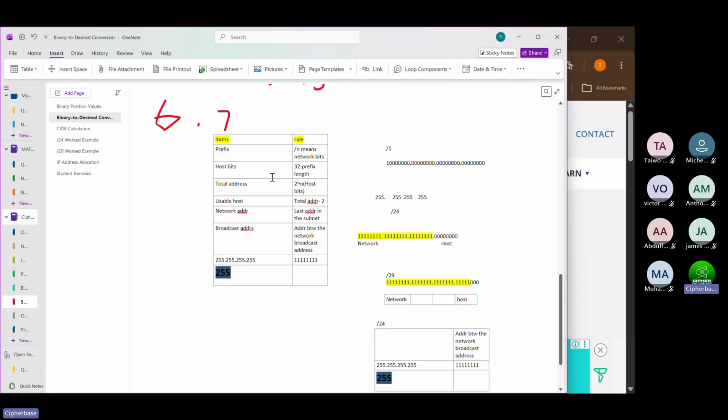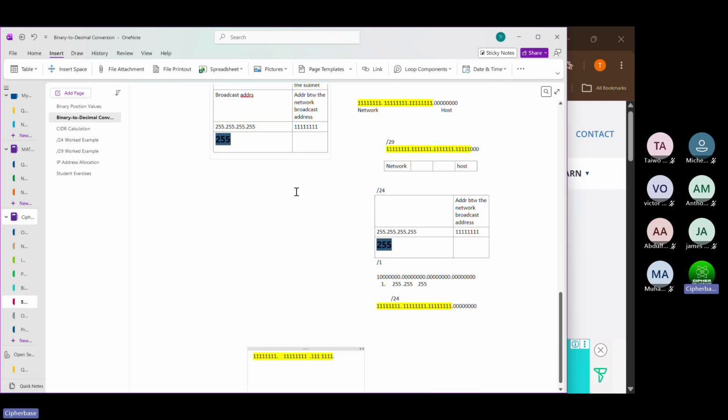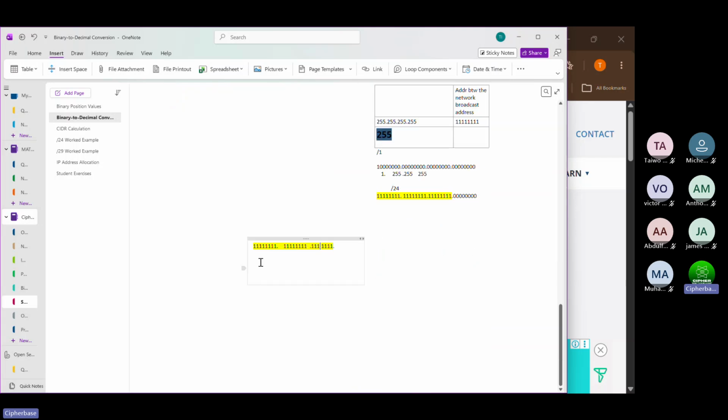The formula we have here is n raised to power 2. We want to calculate the total address. We want to know the host bit, which we already know, and the total address. The formula I use is 2 raised to power n. We all know that binary is always between 0 and 1, and always base 2.